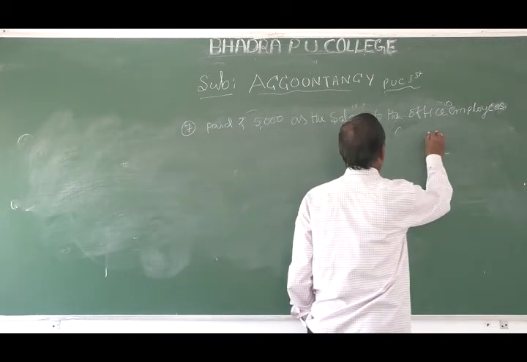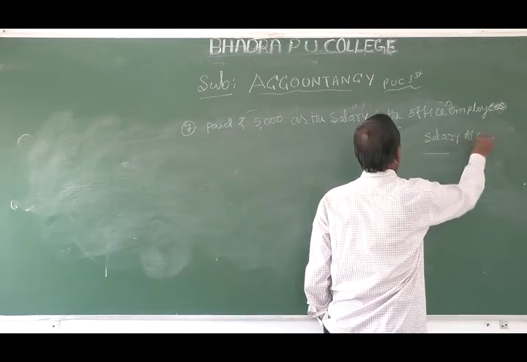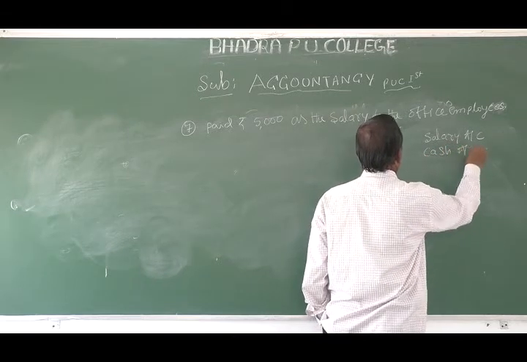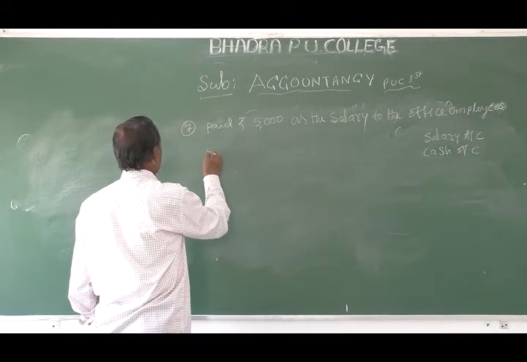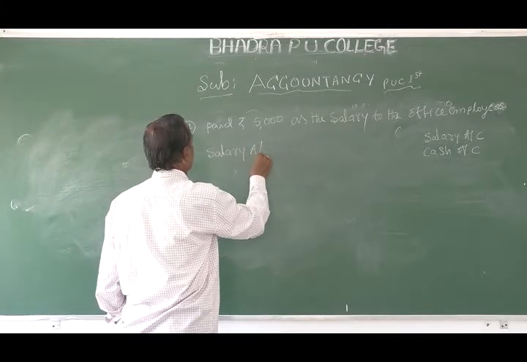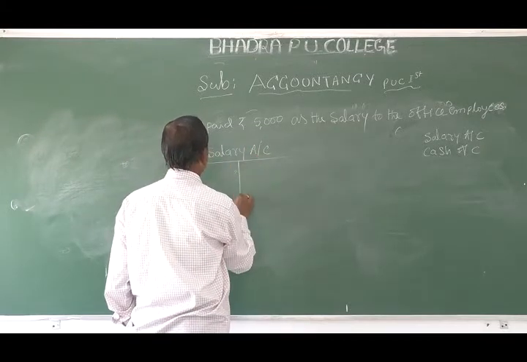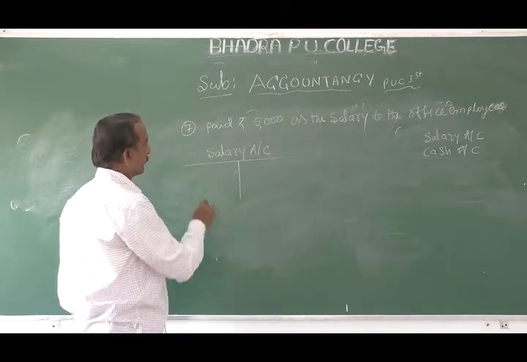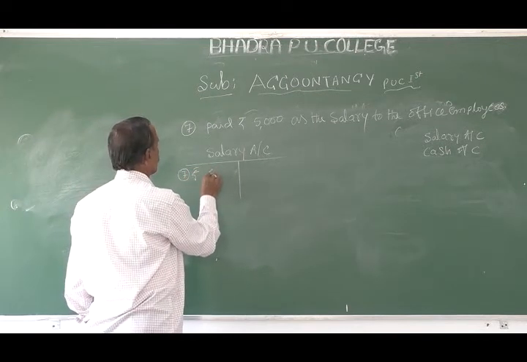So there are two accounts: one is salary account, another one is cash account. Salary account, debit rupees 5000.